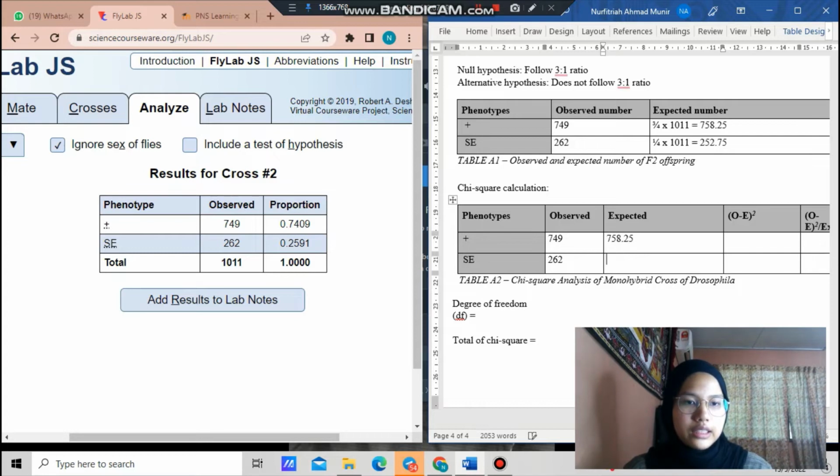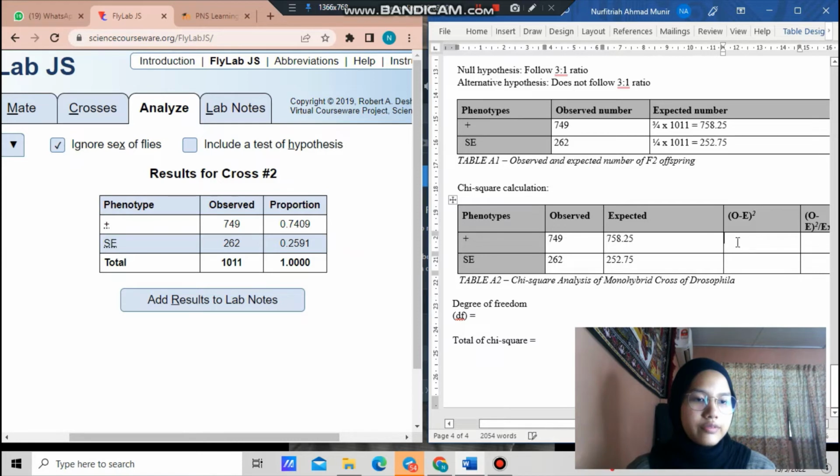Then for SE it is 252.75. So for the O minus E squared, this O stands for observed, and the E stands for expected.